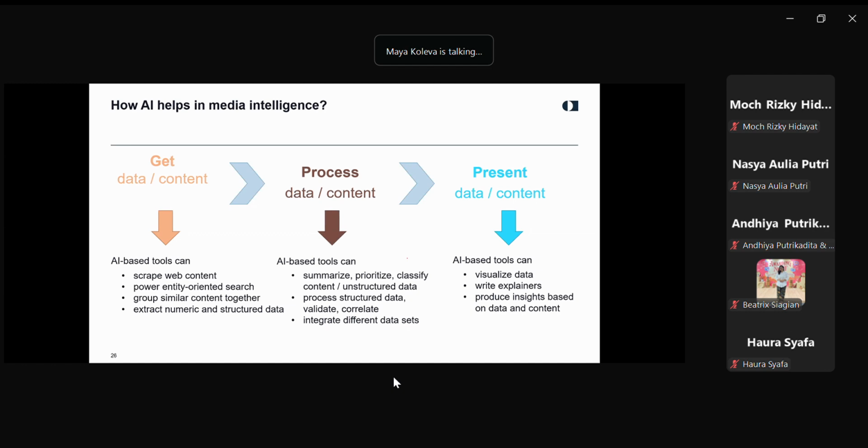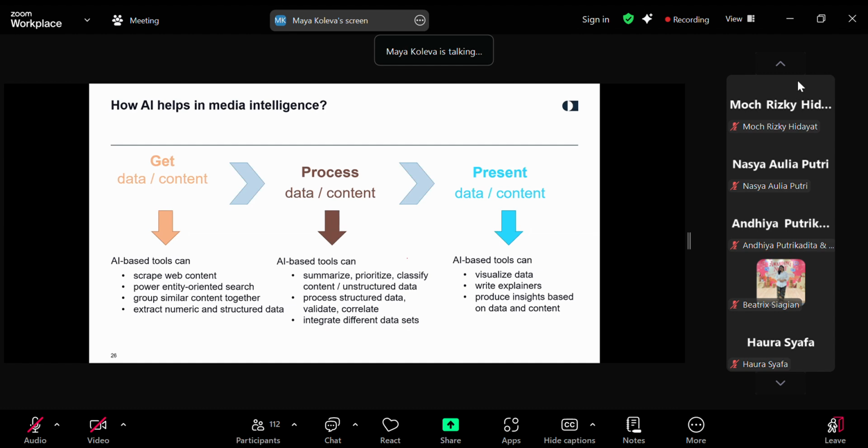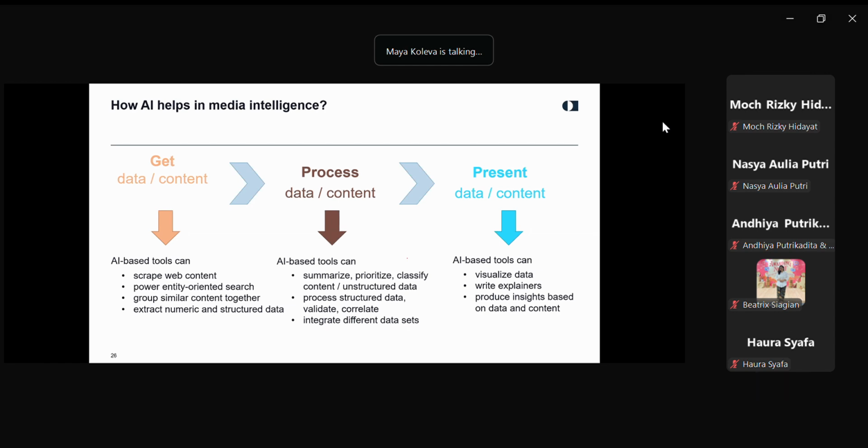Then in the processing stage, it can help us with a lot of elements, summarizing, classifying, and so on, integrating different data sets. And in presentation, of course, it can also help us visualize the data, write up explainers, or even produce insights based on data and content.